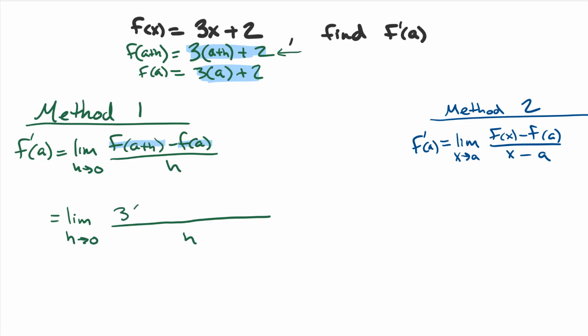We write in 3 times (a+h), all plus 2. I'm going to put a bracket around it to show that's your f(a+h), and we're about to subtract out our f(a). The number one most common mistake while doing this is sign error. So I'm going to make another bracket so when we plug in our f(a), we don't commit sign error. And do you mind if I just write it as 3a plus 2?